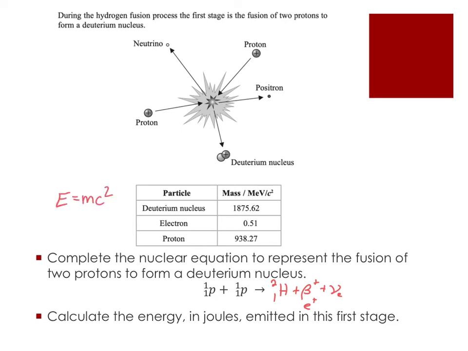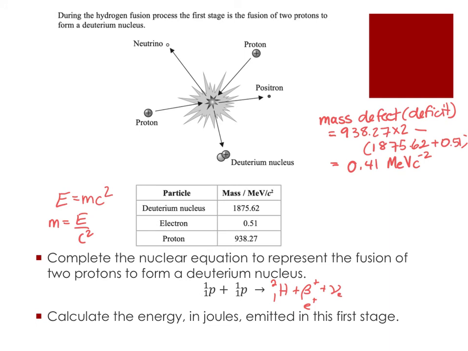If you think about Einstein's equation, E equals mc squared, basically what we have here is mass is E per c squared. So mega electron volts is a unit of energy. So since I have it divided by c squared, I then have a unit of mass. So if I first go and calculate the change in mass, I will be on my way to being able to calculate, using our equation E equals mc squared, the change in energy.